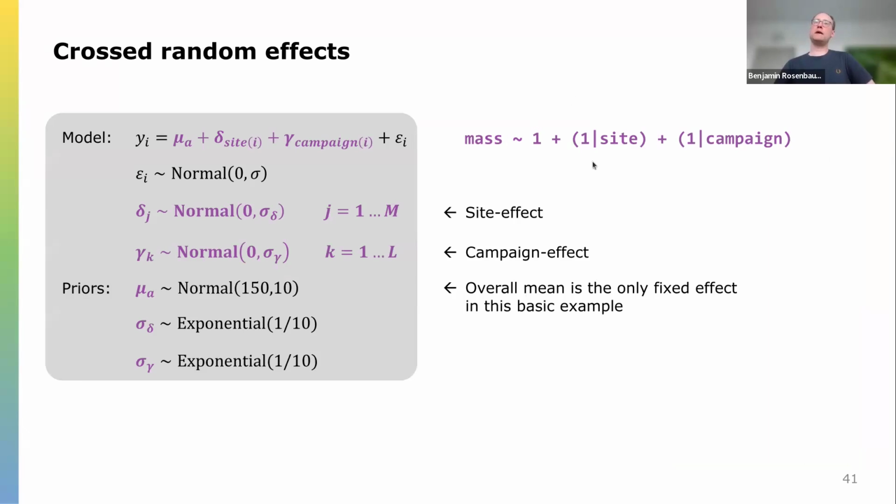So you might know this notation here. You can just add one effect for site and also add one effect for campaign. And in the mathematical formula, you can do it the same. So here the individual data point is modeled as a joint mean plus a site level deviation plus a temporal or campaign level deviation.